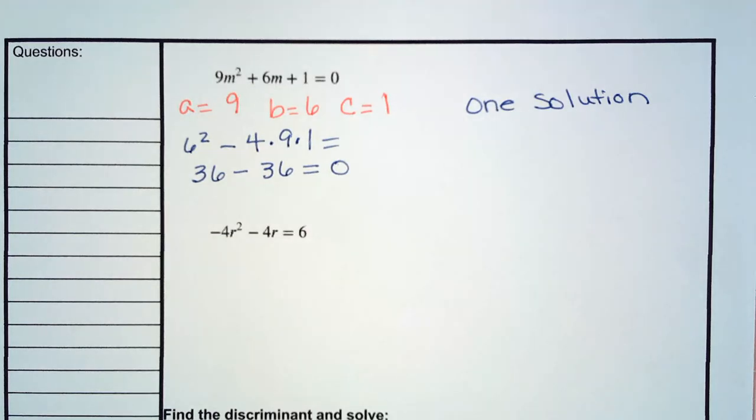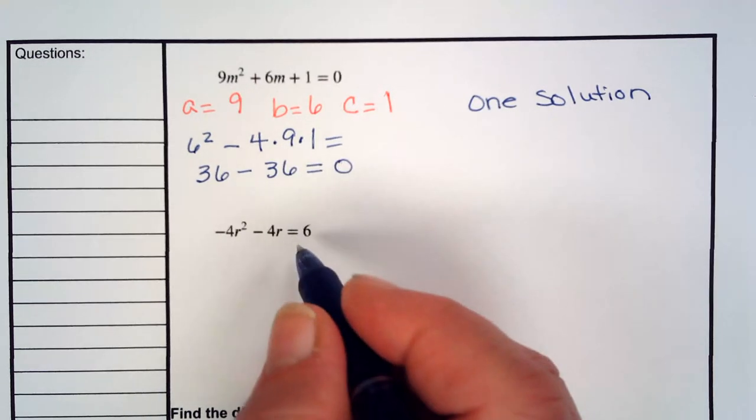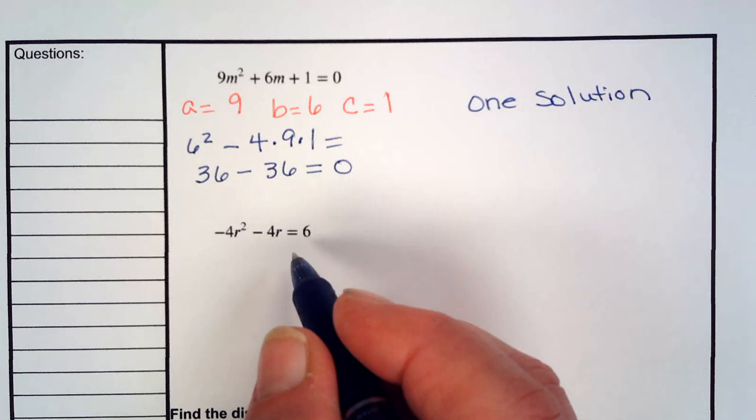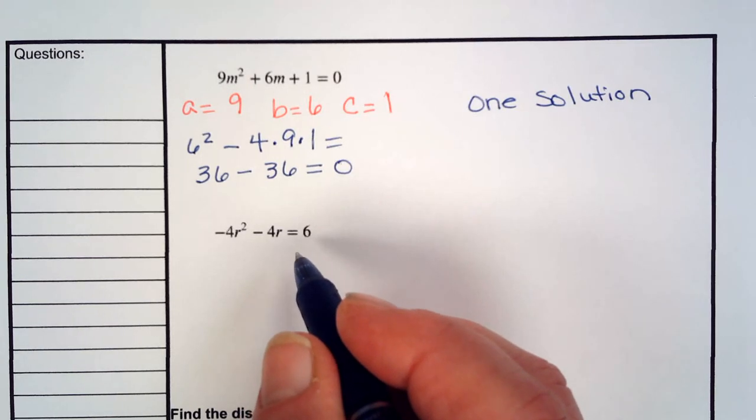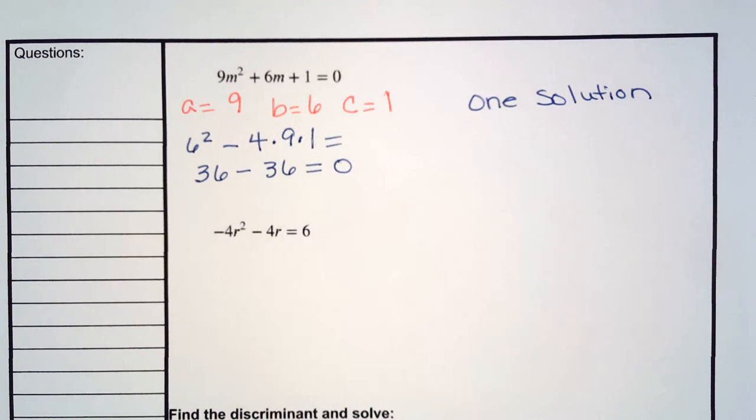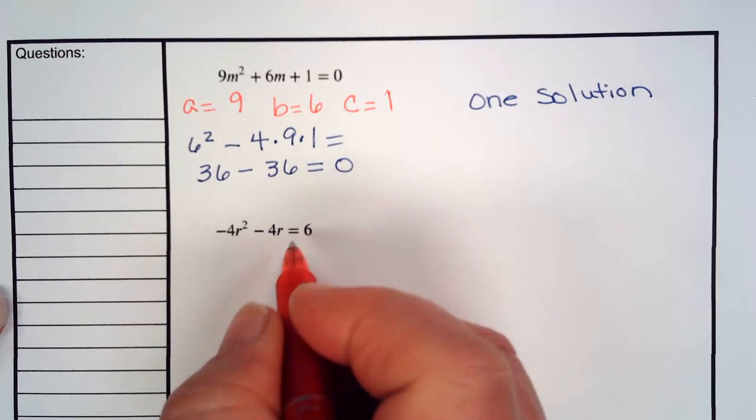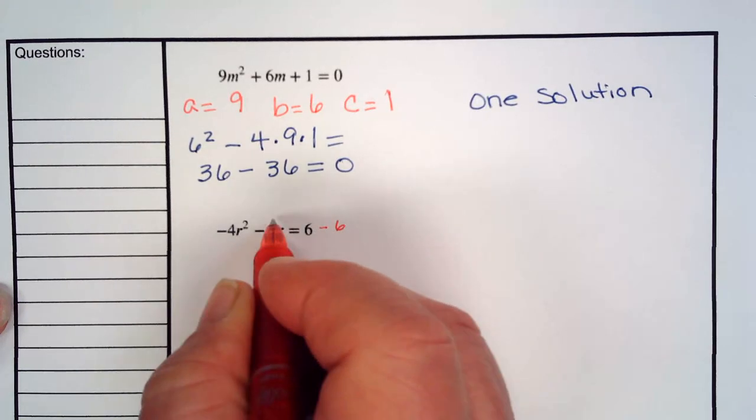Okay, how about the last one? Can we solve it the way it is? No. It's got to be set up equal to 0. Does it matter which side we move? No, not really. If we were having to factor it by hand, yes, it would make a difference. In this case, I'm going to subtract 6 from both sides.